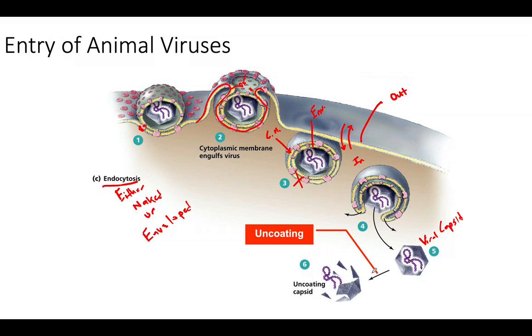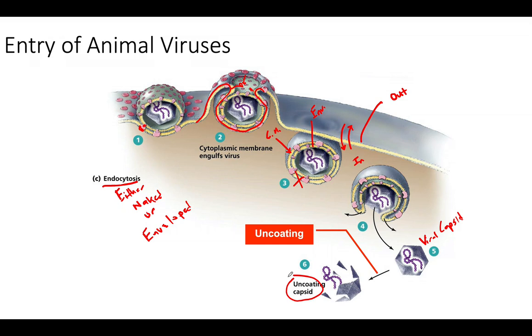And so at the end of entry, we still only want viral nucleic acid, so that uncoating step has to happen again. So regardless of which of these three mechanisms is used, what you get at the end is viral nucleic acid that is now inside the cell, whereas prior to this it wasn't present. And so that's what happened during those first two steps of attachment and then entry.